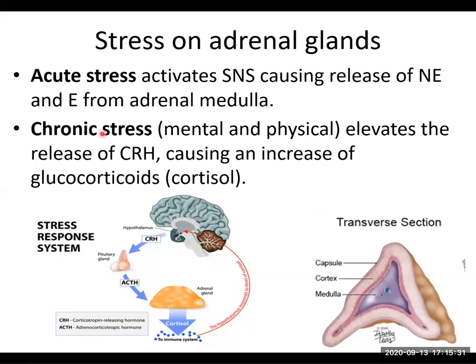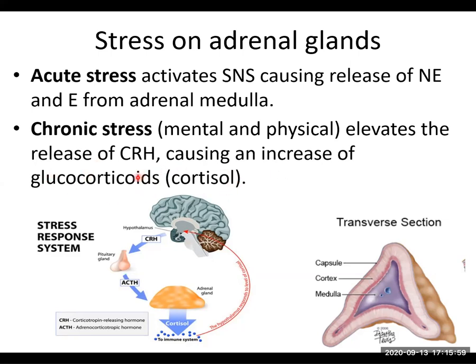But if it's chronic stress, which includes the mental, like a very busy daily life, or the physical, like suffering from very severe pain or damage or injury, your corticosteroid hormone will be increased.